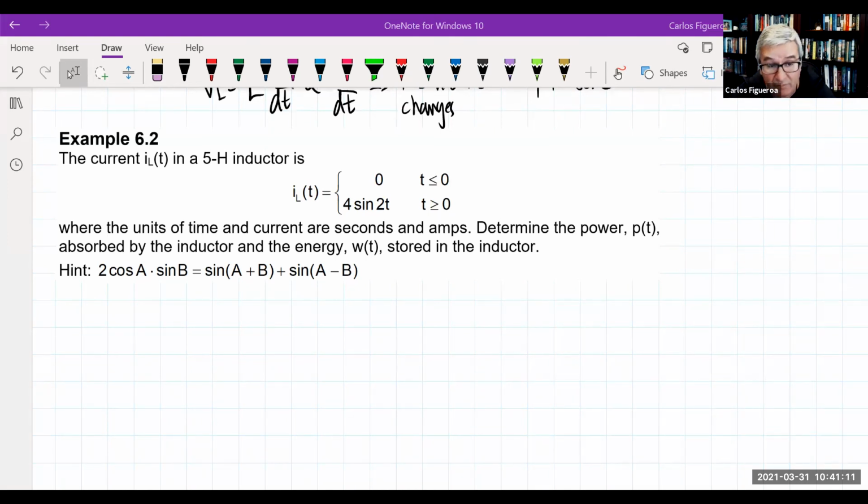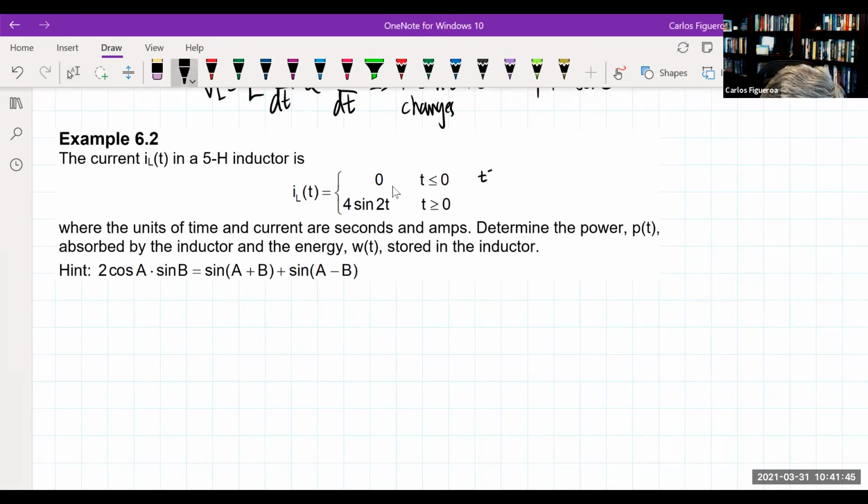So here we go. In this example, you have the current of an inductor. We have a 5 Henry inductor. By the way, 5 Henries is a massive inductor value. You want to make sure you don't short out that inductor. Oh yeah, that one's going to hurt. They're giving us the current of this inductor.